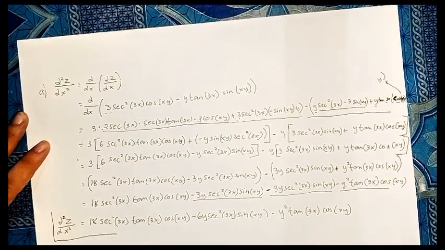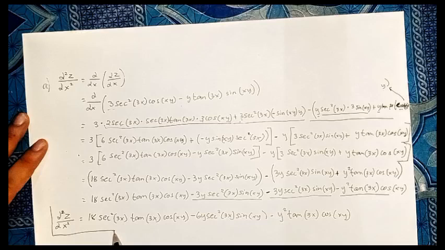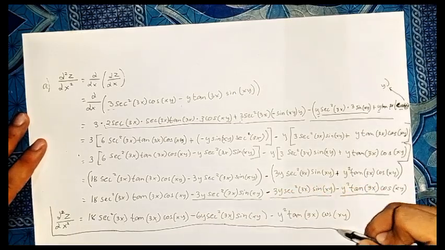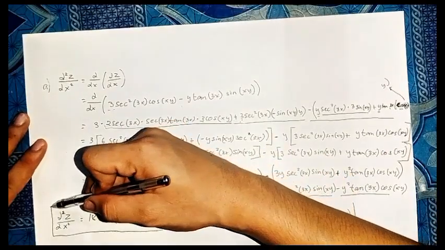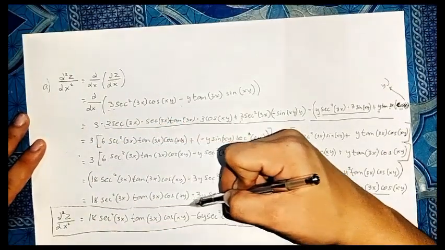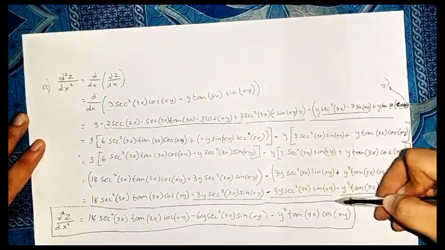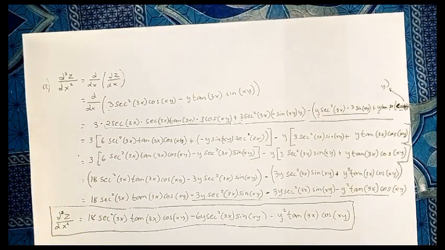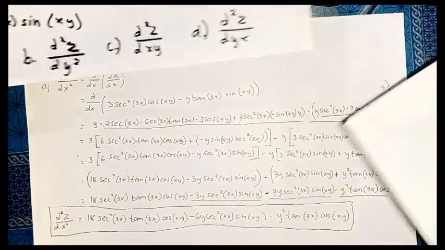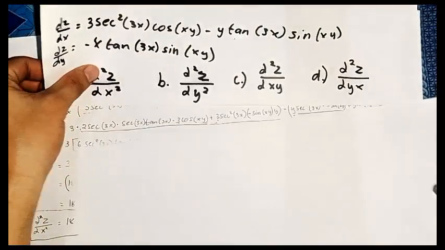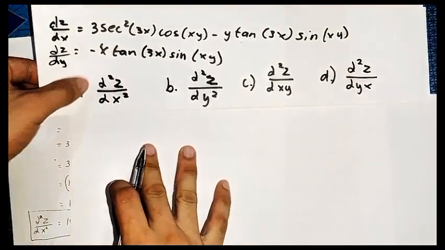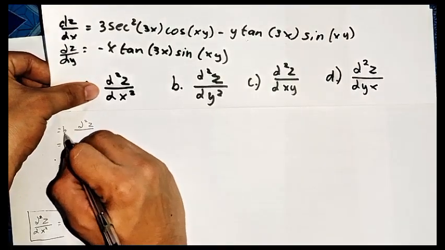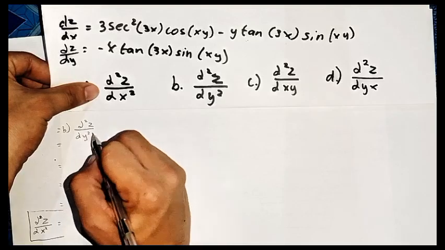Long, right, guys? Now, higher order derivative with partial squared z over partial x squared. Now let's proceed to letter b. Letter b, we have partial squared z over partial y squared.